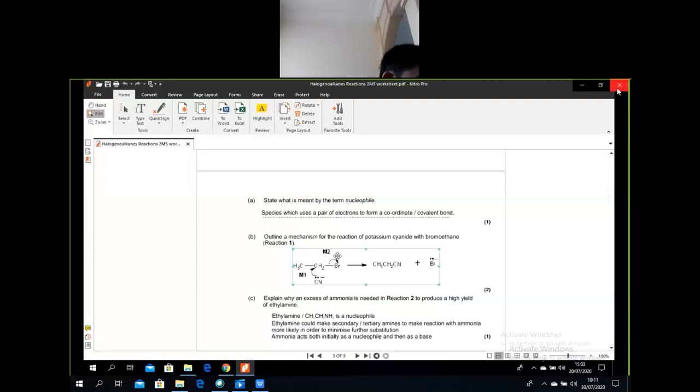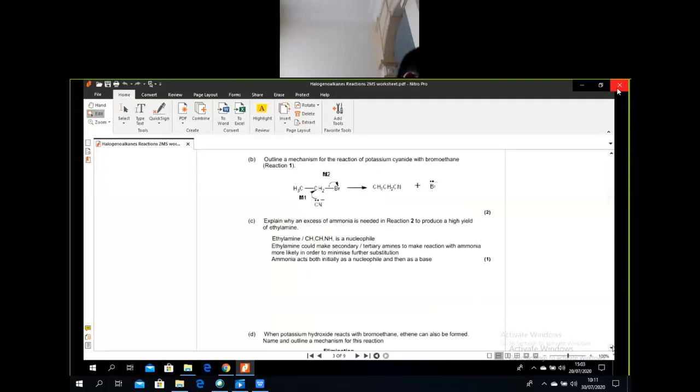Then the CN negative has a lone pair. The lone pair can be donated to the carbocation by making a dative covalent bond, and then that becomes propane nitrile and bromide ion.